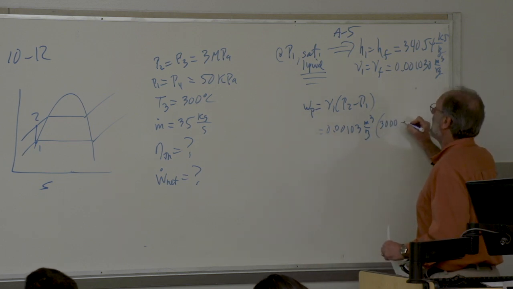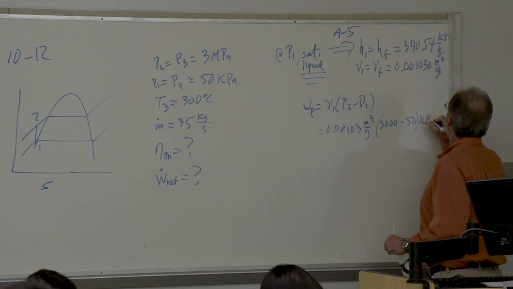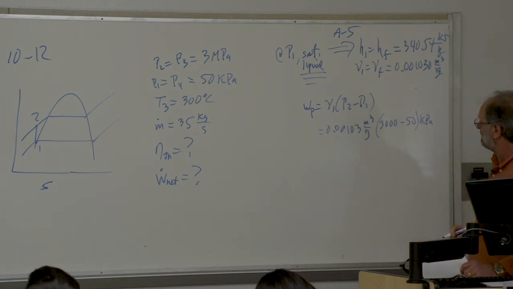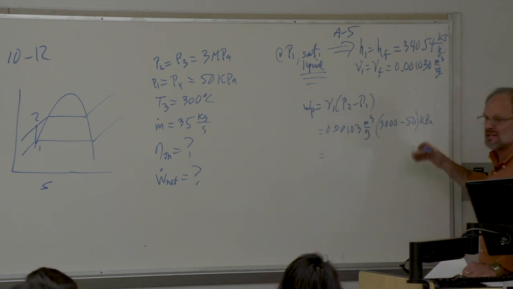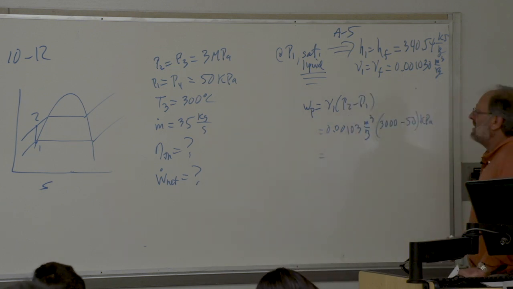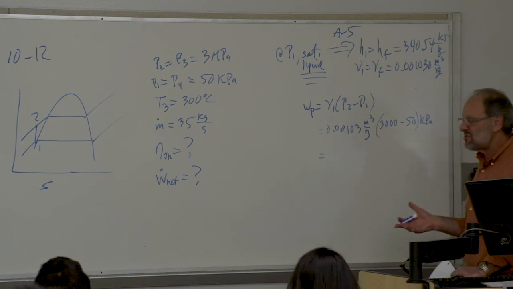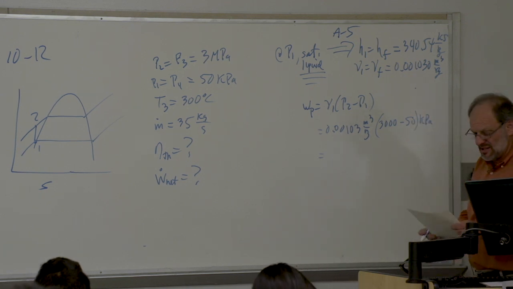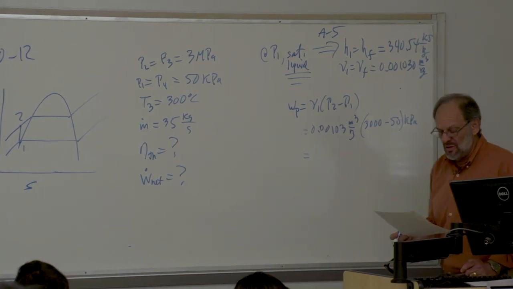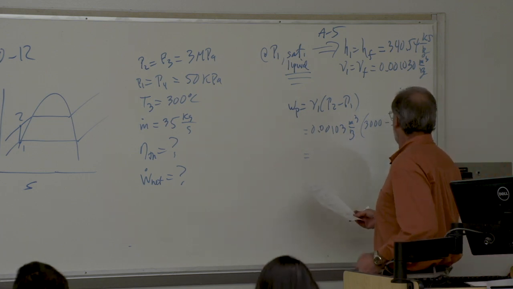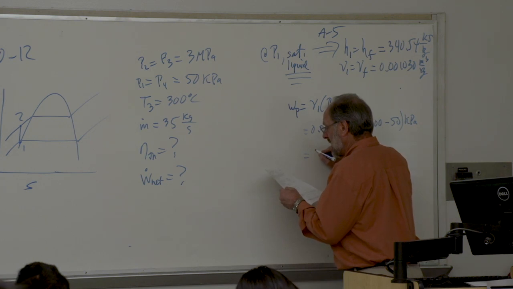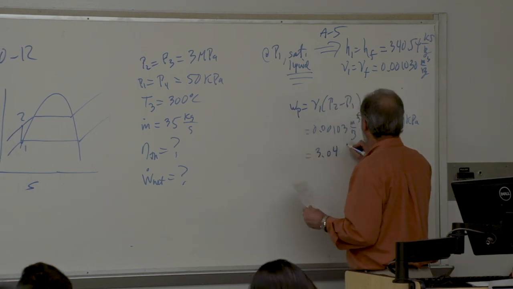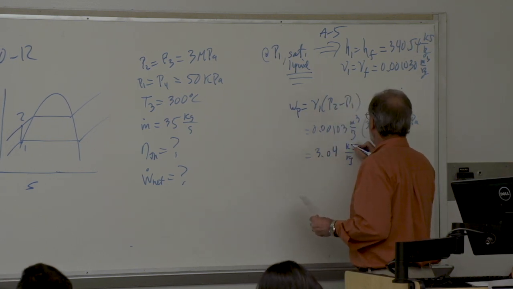So let's convert that to kilopascals so that the units work out properly. I would note that a kilopascal is a kilonewton per square meter, and a kilonewton meter is a kilojoule, and the units all cancel out appropriately, and we're just left with work with the units of kilojoules per kilogram. So we go through the mathematics, and we get 3.04 kilojoules per kilogram.